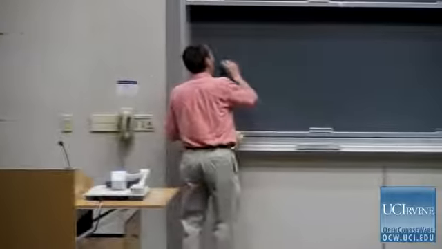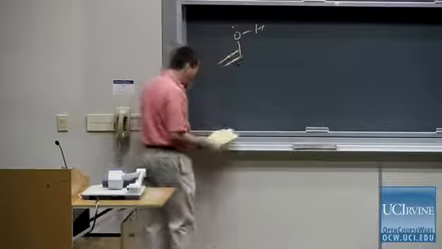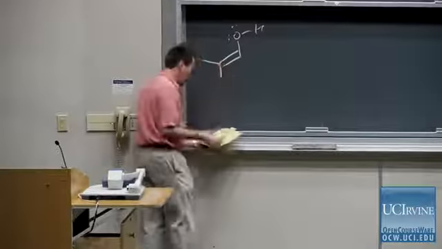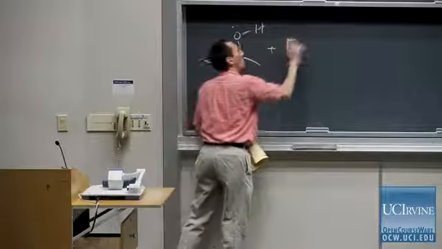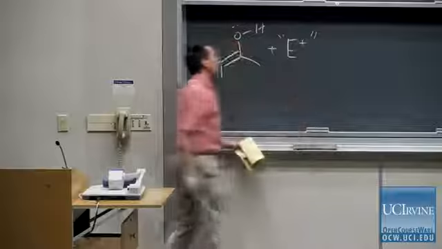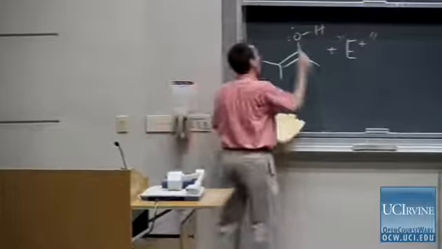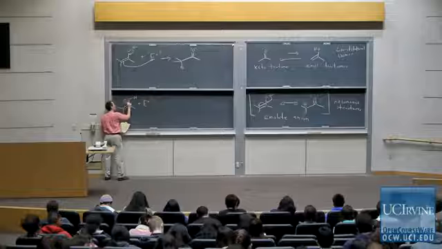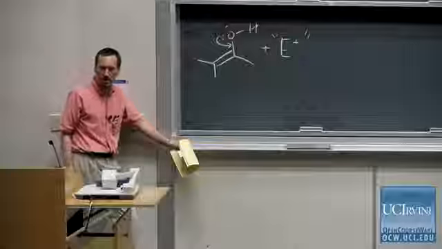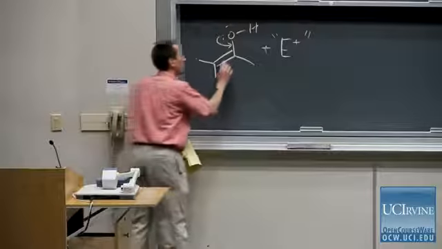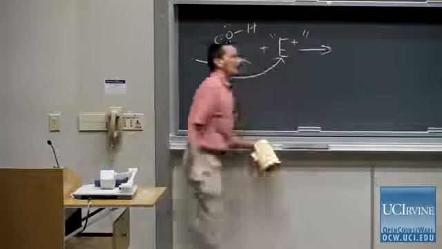So in the case of an enol, this minor species that's present in equilibrium with ketones and aldehydes, and to a lesser extent with other carbonyl compounds, here's our enol, and again I'll have my generic electrophile, E+, and we can imagine electrons flowing down from the oxygen into the carbon-oxygen bond, giving rise to a carbon-oxygen double bond, concurrently with electrons flowing from the carbon-carbon double bond to the electrophile.